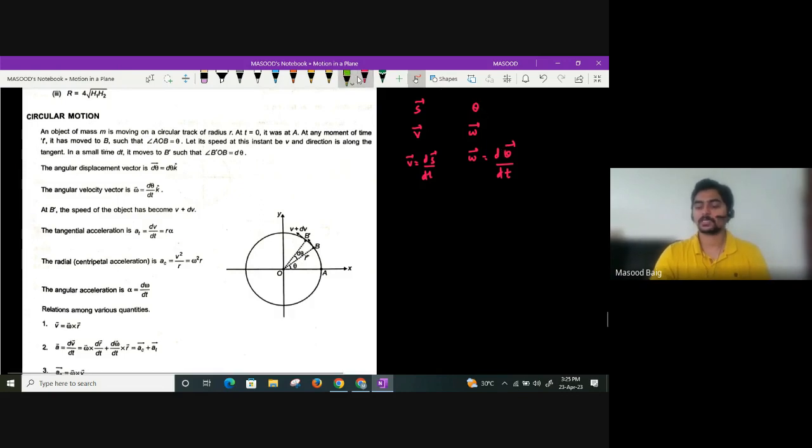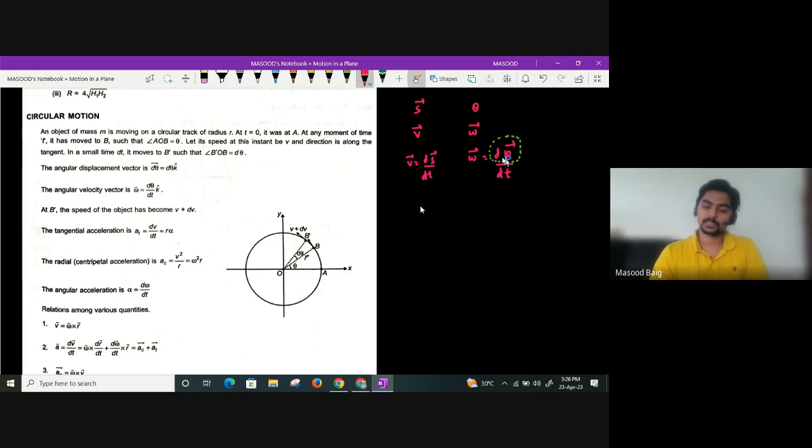When will it be vector quantity? It will become vector quantity for small angular displacements. In general, angular displacement is not a vector quantity. It will become vector quantity if it is very less in magnitude. The small angular displacement is a vector quantity. Large angular displacement is not a vector quantity, guys.